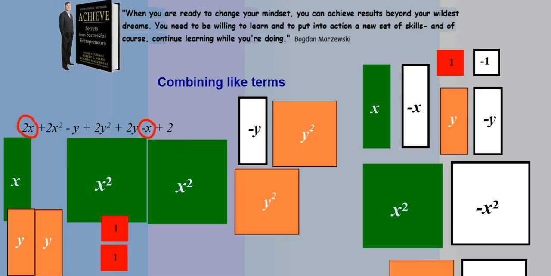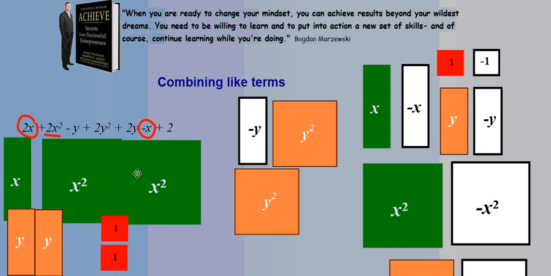X squared family. Do we have any other x squared tiles? No, so those two x squared tiles will stay, no change. The negative y tile, listed right here, is to be combined with two positive y tiles.